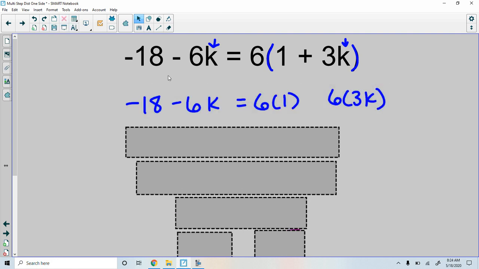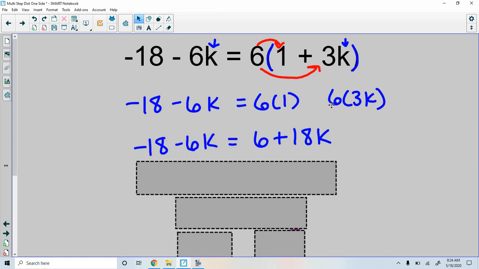So this whole side's not changing, so I rewrite it. I have my equal sign, and then I do my distributing, just like I did on the last page. 6 times 1 and 6 times 3k. And we know from the last page that 6 times 1 is 6, and 6 times 3k is 18k. Since this is positive, we put a plus sign.